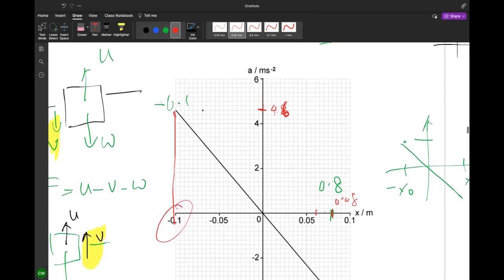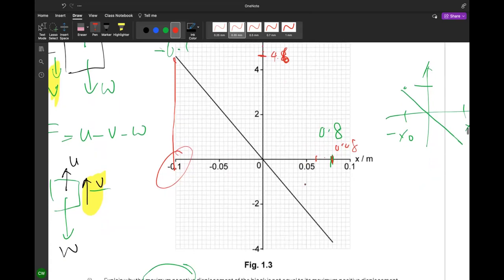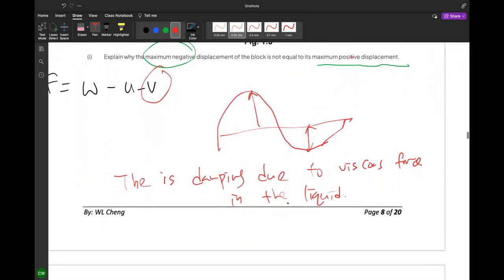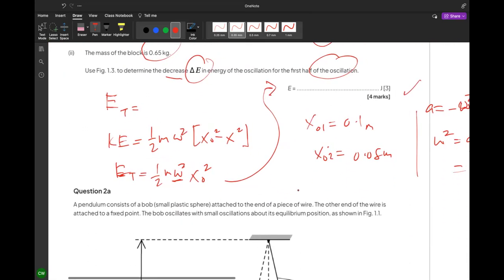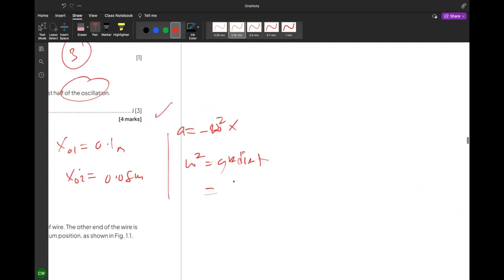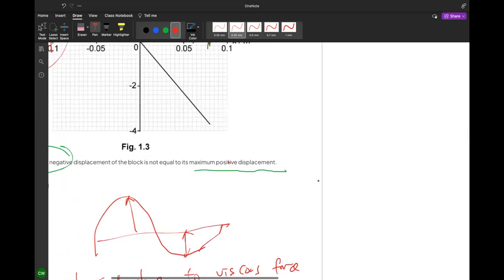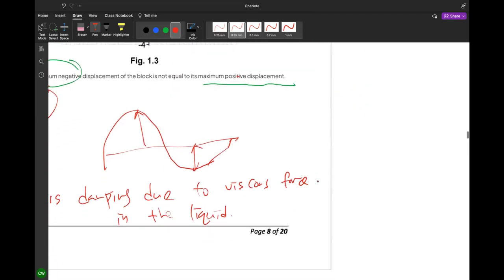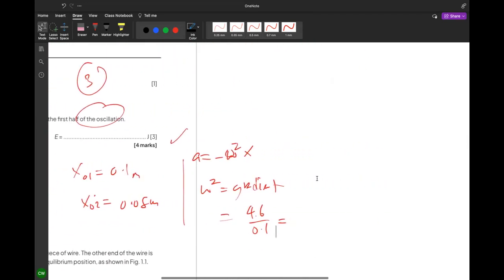So it's 4.6 divided by 0.1. 4.6 divided by 0.1 is 46.